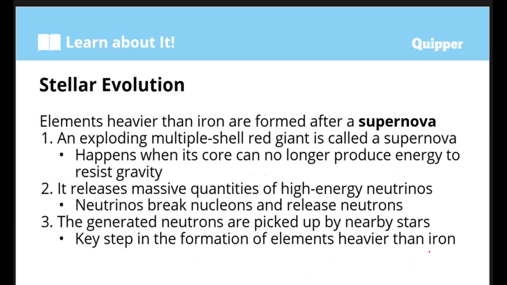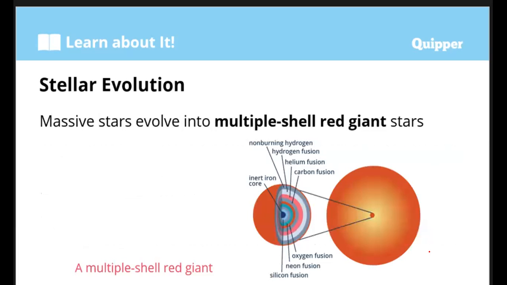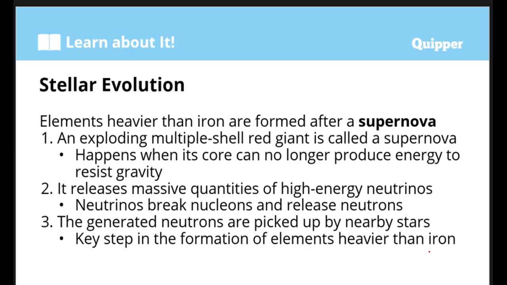Take note again, let's trace the stellar evolution from the nebula, to protostar, from protostar to red dwarf star, and some of the red dwarf becomes a brown dwarf star. From the red dwarf star, it becomes a red giant star, and from the red giant star, it becomes a white dwarf star, and from the white dwarf star, it becomes a massive star, or a multiple shell red giant star, and from the multiple shell red giant star, it will now create a supernova.